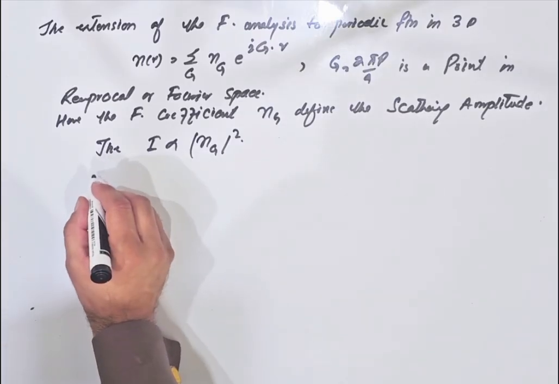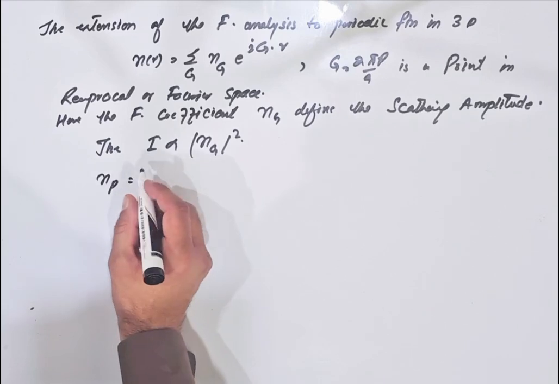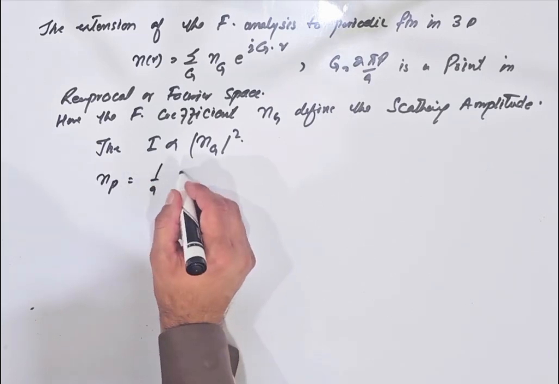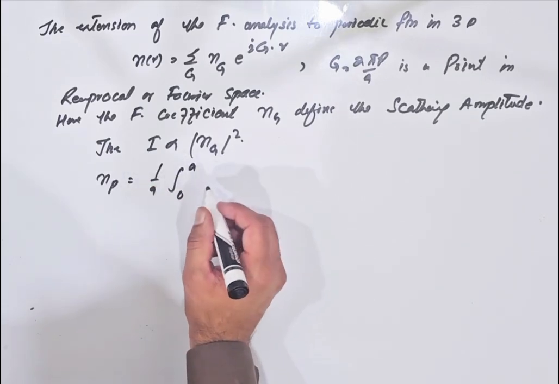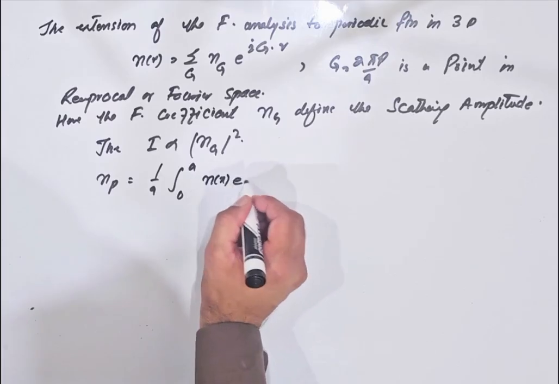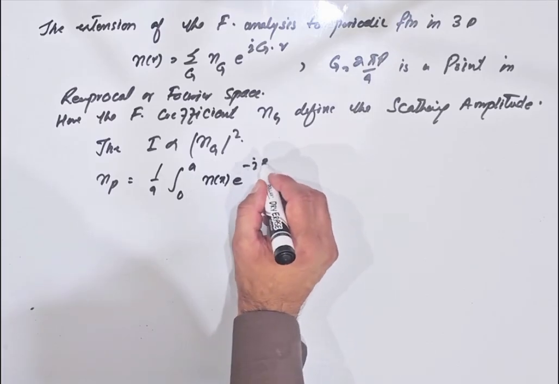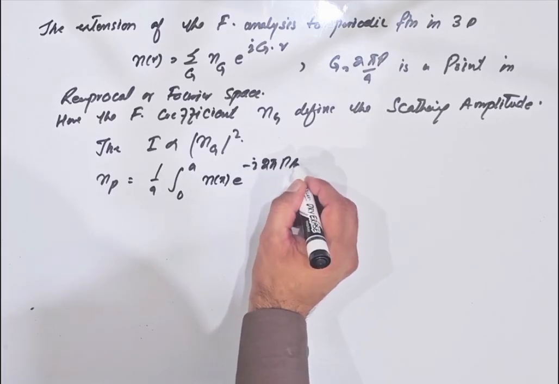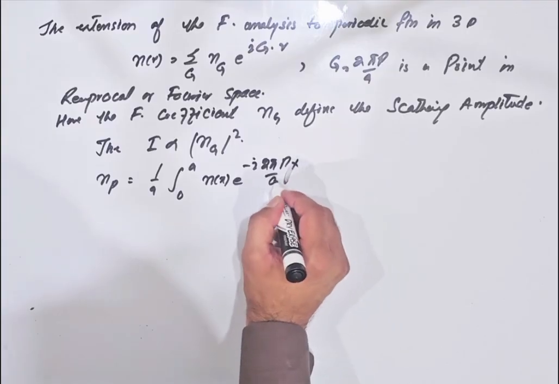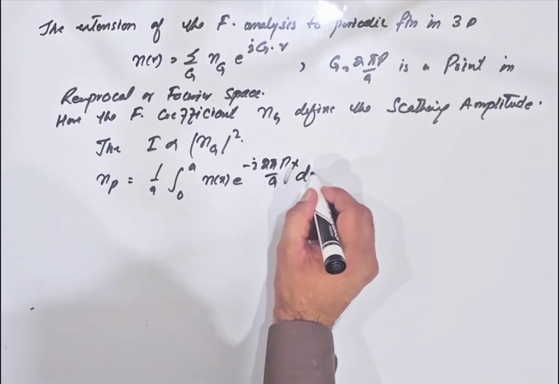Similarly, we can also find n_p from the equation as 1 over a, integral from 0 to a of n(x) e to the power minus iota 2 pi p x divided by a into dx.